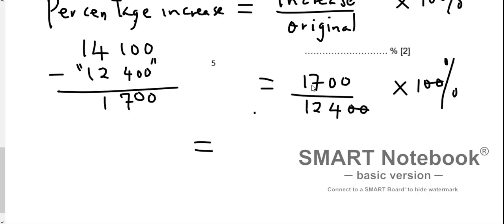Is this simplifiable? Okay, so we have 1,700 divided by 124, then percent. Can we simplify this? Let me check.